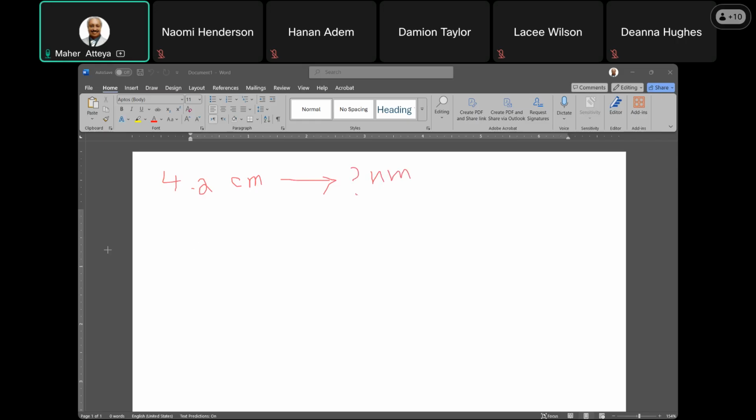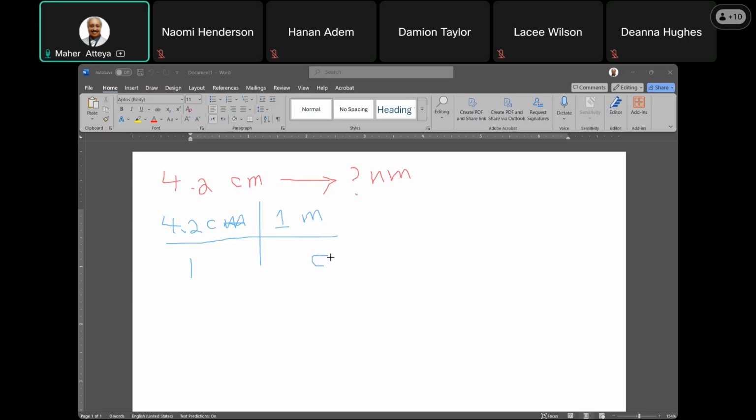Now, when you come to this, you start with whatever is given to you. I'm doing a table. You can do brackets, but I like to do tables. 4.2, C for centi, and that's the exponent in the metric system, and m is the basic unit in the metric system. The basic unit is meter, correct?